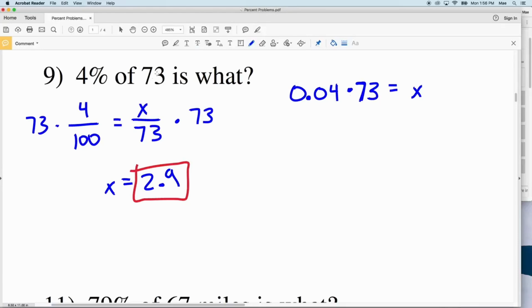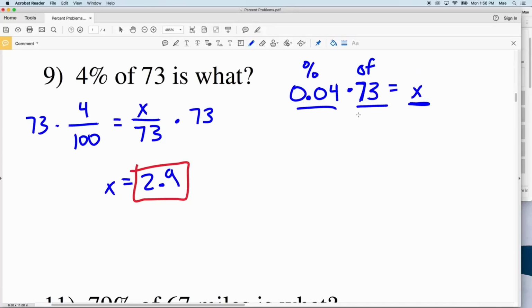So if it asks you for 4% of 73, we're taking the percentage, multiplying it by the number that the percentage is of, and then we're solving for what that's equivalent to. So think percent of, and then the number that's the percentage of.